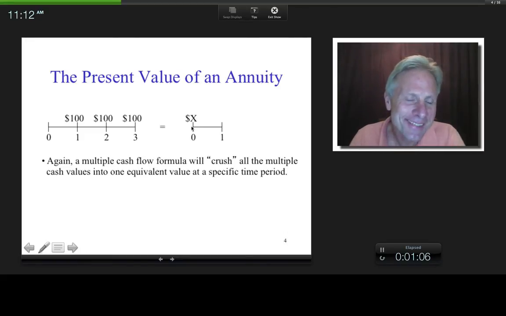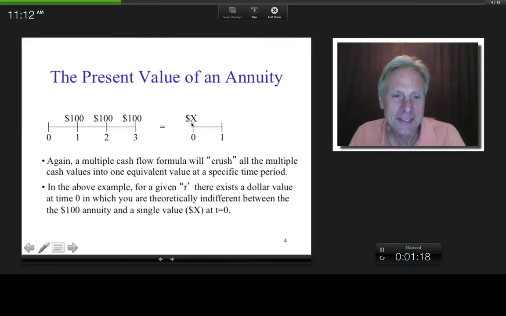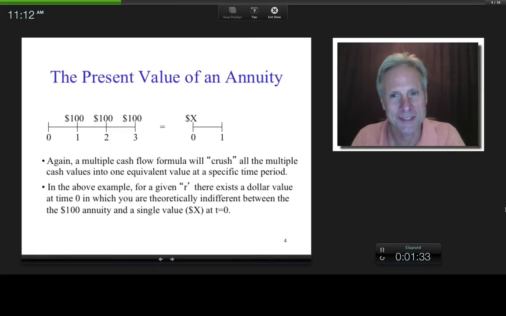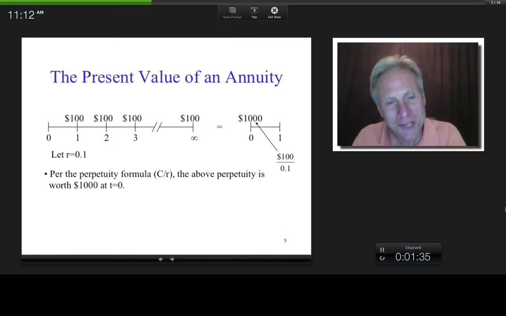Does there exist an effective rate such that I would be indifferent between these cash flows at this time period and a single cash flow at that time period? Does that conceptually exist? It does, and that's basically what we're going to be solving for. Like I said, this derivation is going to build on you already understanding what the present value of a perpetuity is. So let's get into that.